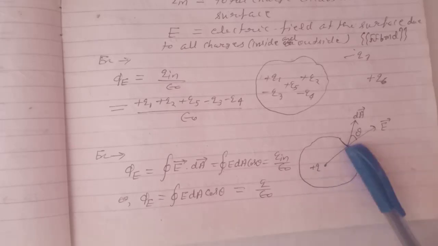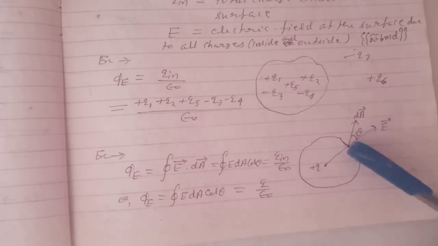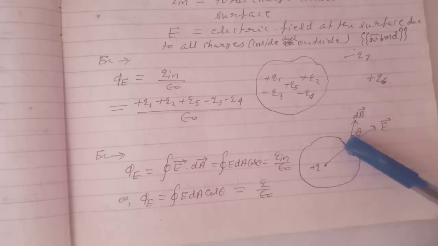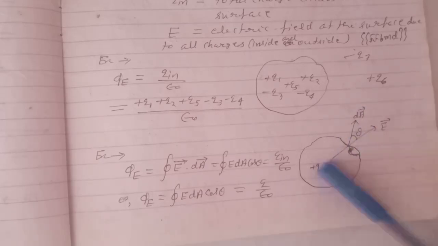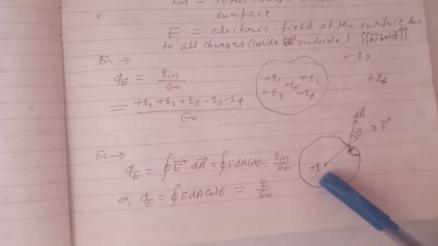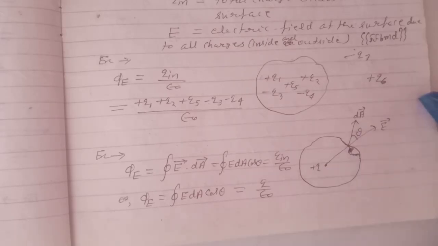We choose an elementary area at this point, and the direction of the area vector is in this direction, because the area vector is always normal to the surface, and the electric field is along this line, because the electric field due to a point charge is always in the radial direction.